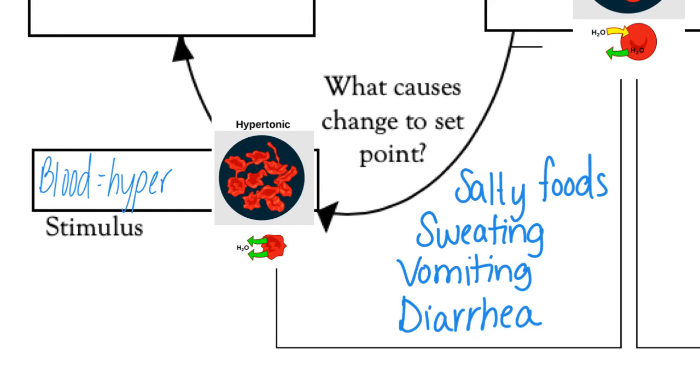Also, vomiting and diarrhea. There's a lot of illnesses out there where the illnesses themselves are not the danger. It's how much water you lose during the course of that infection. That's the real danger. So if you have a lot of salty foods, or you're sweating a lot, or you are vomiting and have diarrhea, or you're just not drinking enough water, then your blood is going to become hypertonic.